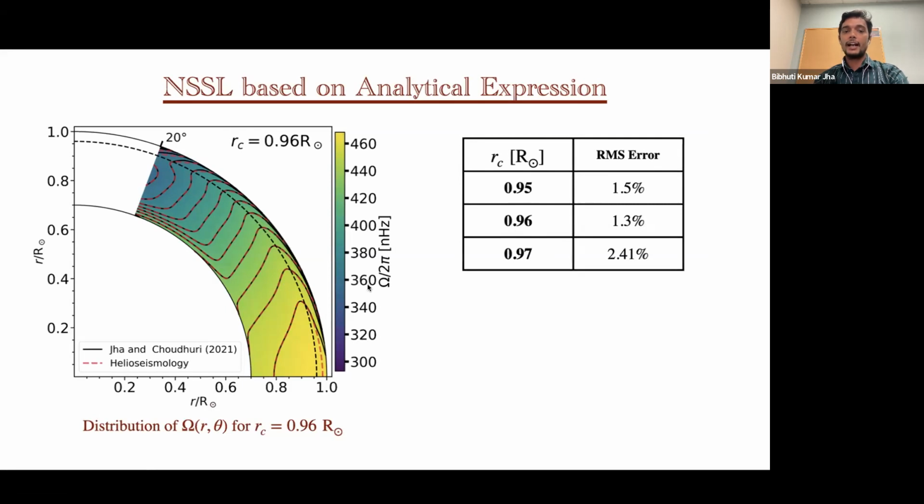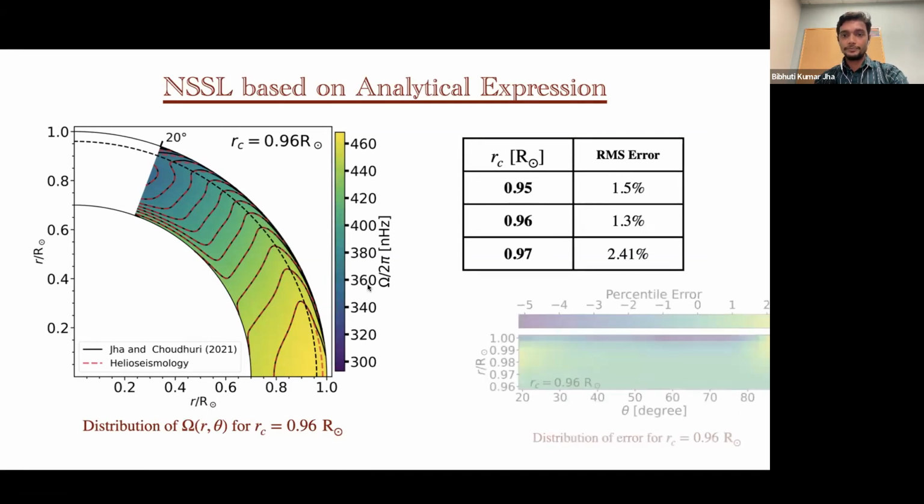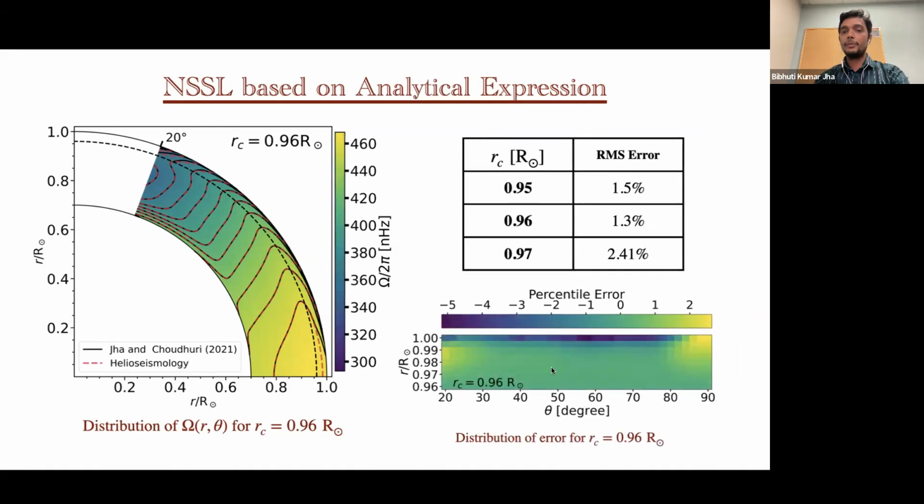So we can say that RC equal to 0.96 gives the best estimation of the observed NSSL. For this value of RC, we have also calculated the percentage error at each grid point, and we see that the error is most of the time less than 5%, which is important because the helioseismology data itself has around 5% error.